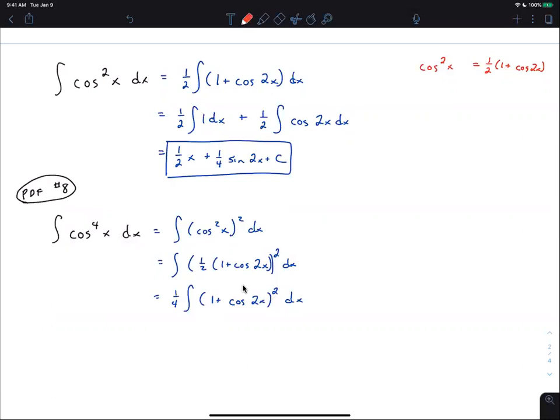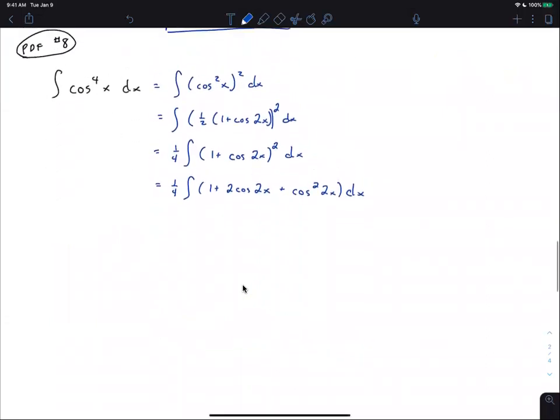with the one we actually have, we're going to expand that, and we get 1/4 integral 1 plus 2 cosine of 2x plus cosine squared of 2x dx. Everybody follow?